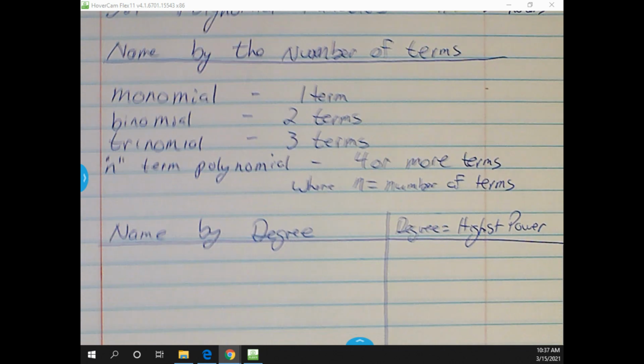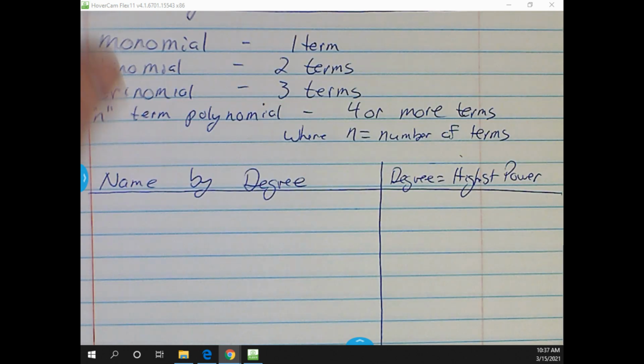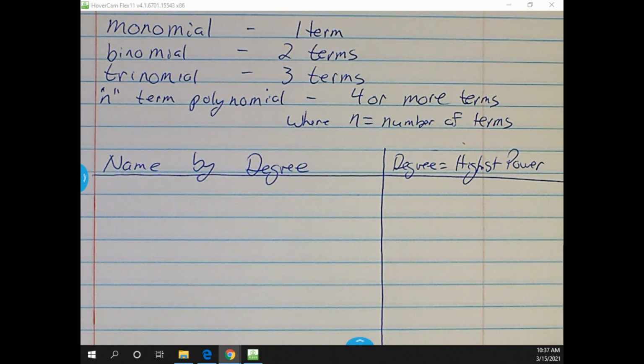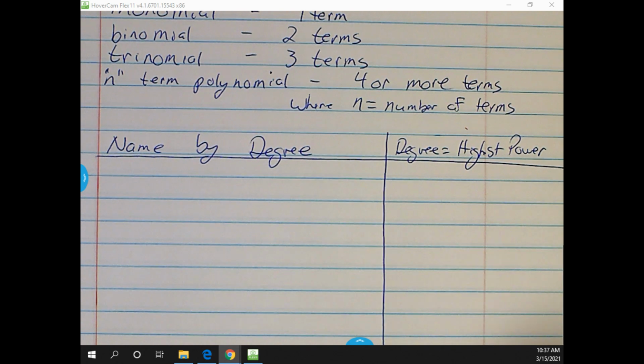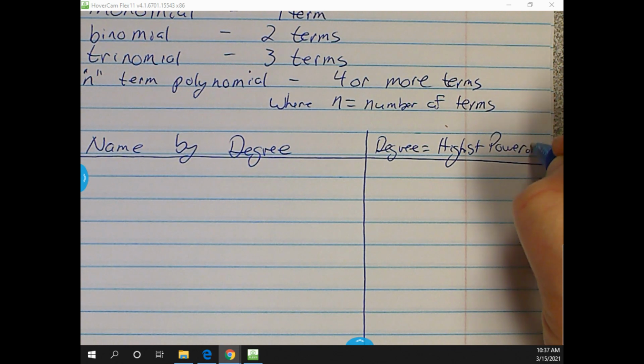When we name this thing by degree, just remember your degree is your highest power. And for this, we're going to say it's the highest power of x.